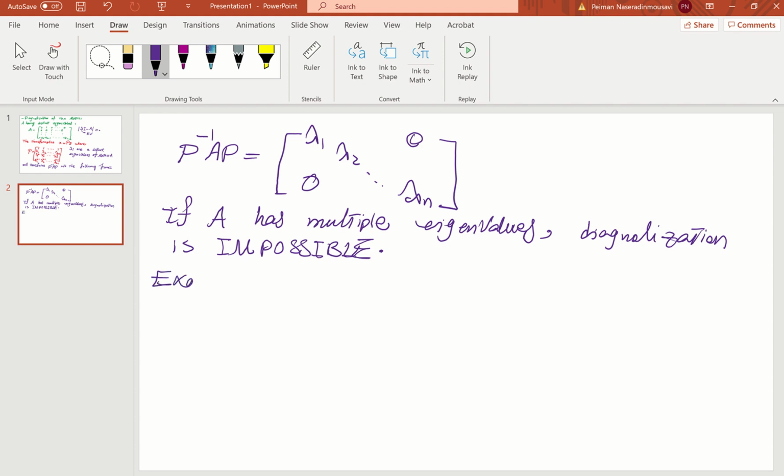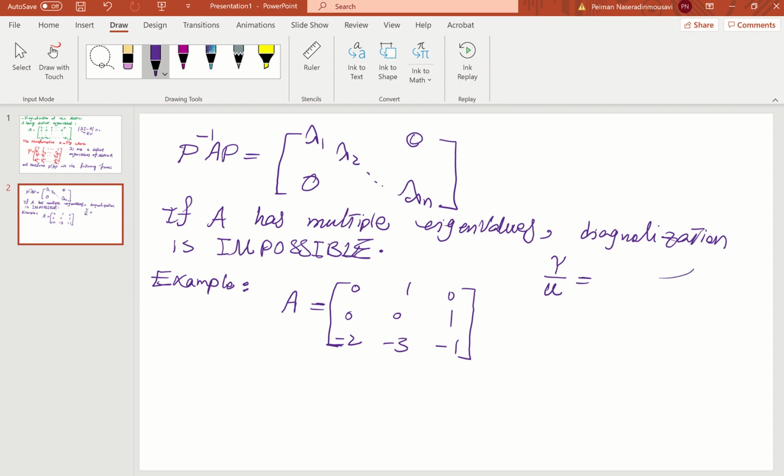So, an example. Suppose this is the matrix that you have, 3 by 3 for a third order system: 0, 1, 0, 0, 0, 1, minus 2, minus 3, and minus 1. This has such a transfer function.